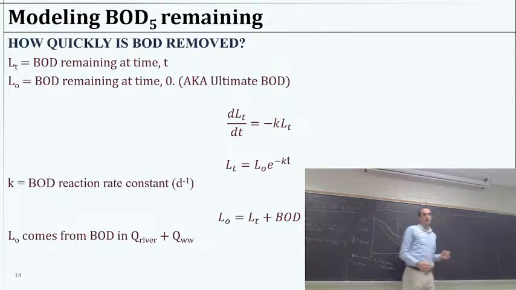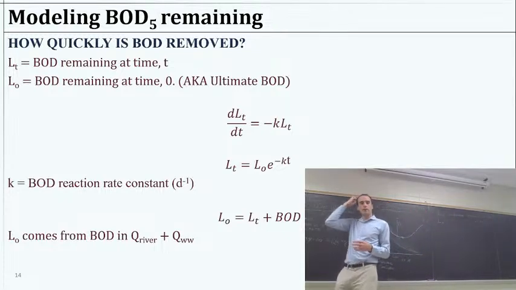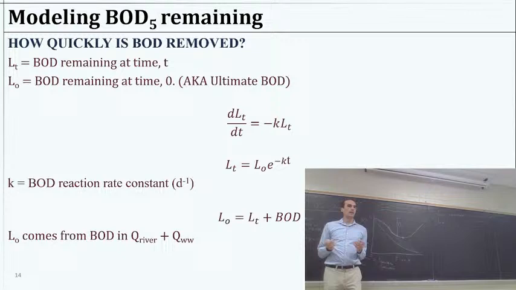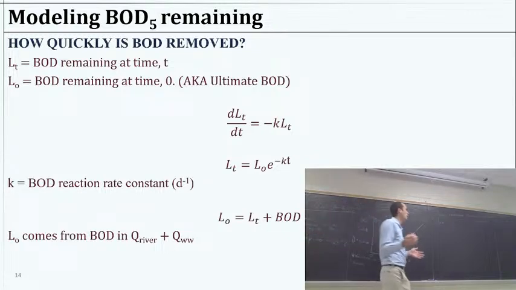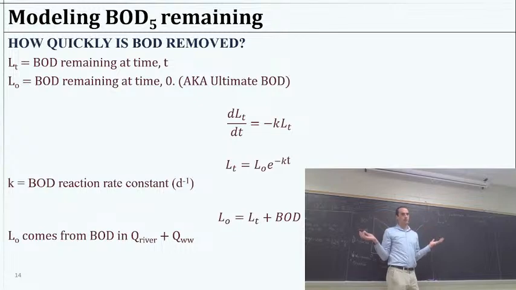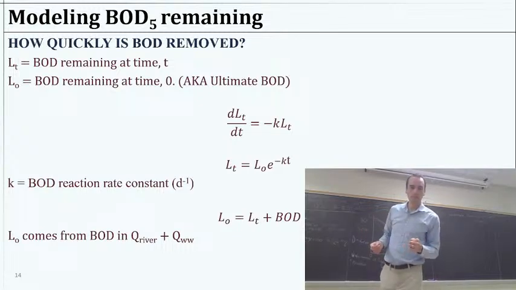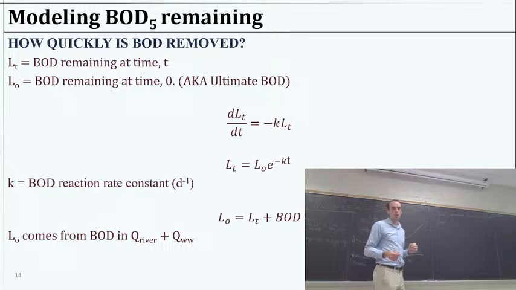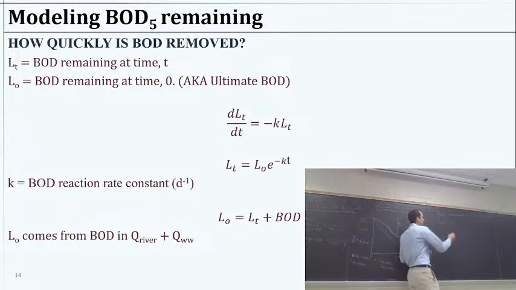We could also say that L0 is essentially the same value we'd get if we did an infinite BOD test, a BOD test for an infinite number of days. So this is the ultimate BOD.